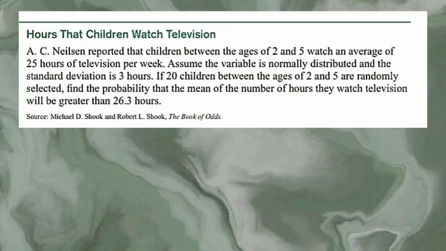Assume that the variable is normally distributed and the standard deviation is 3 hours. If 20 children between the ages of 2 and 5 are randomly selected, find the probability that the mean of the number of hours they watch television will be greater than 26.3 hours.